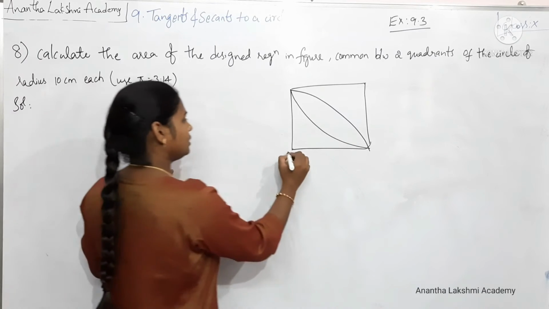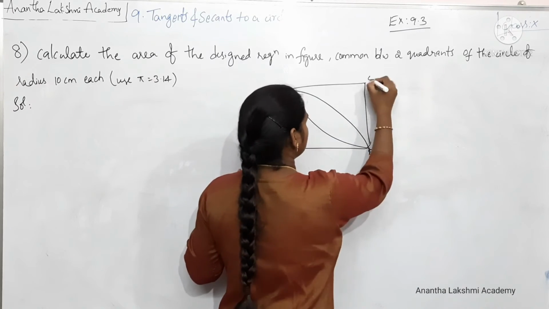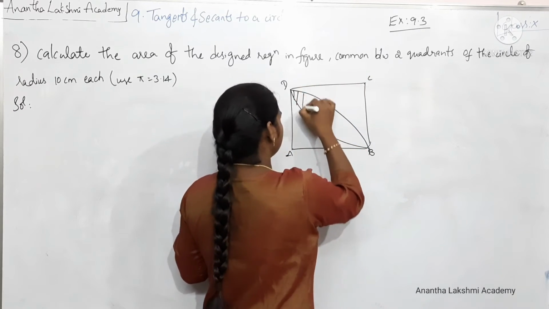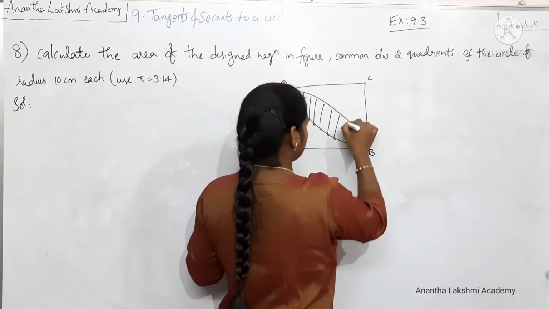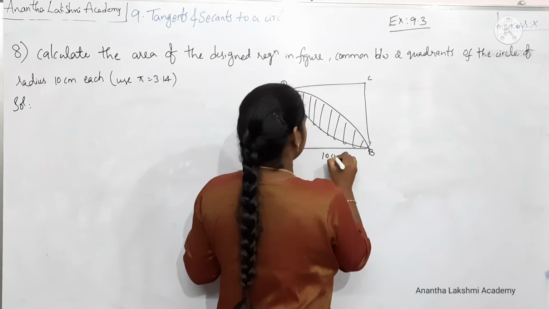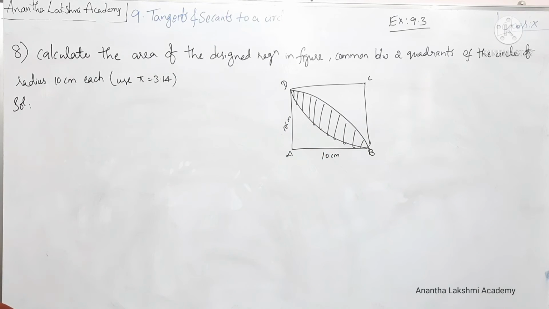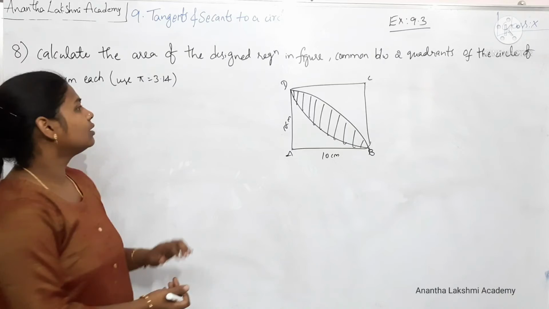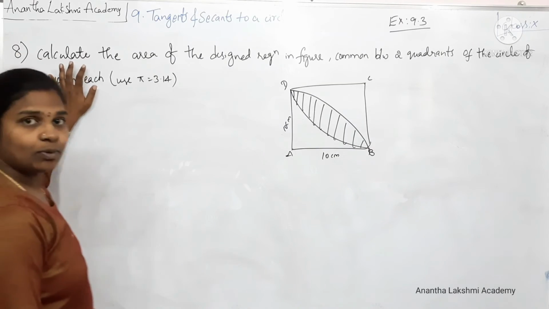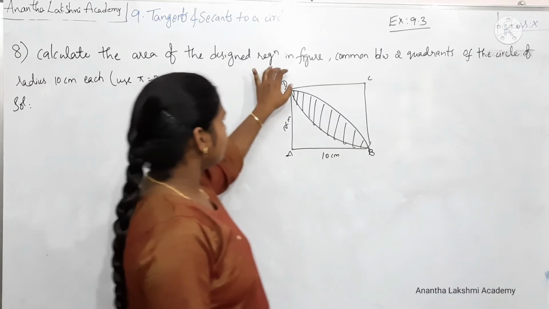A, B, C, D. We have to figure out this. 10 centimeters, 10 centimeters. Isn't it? Yeah. So, 8th problem: calculate the area of the designed region.